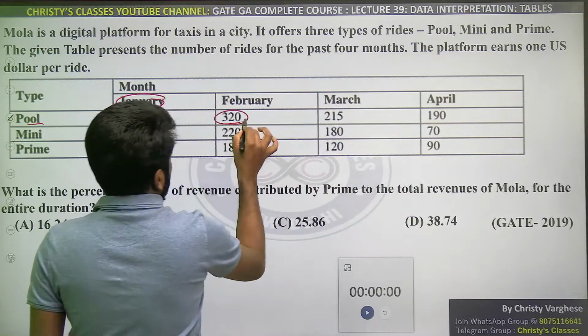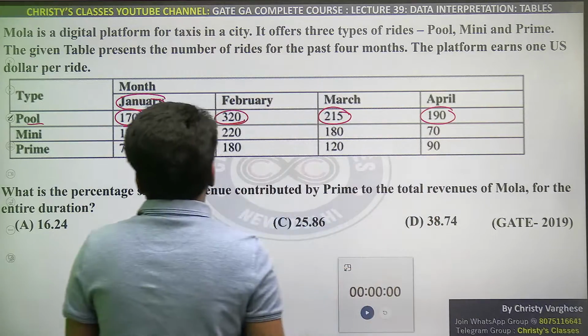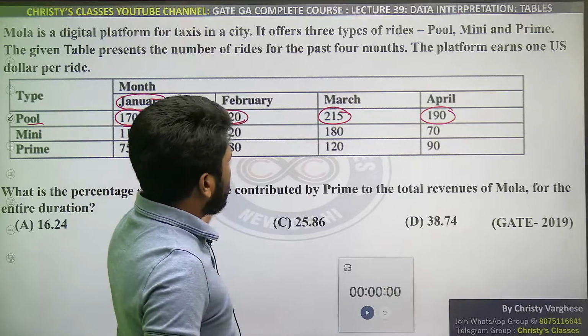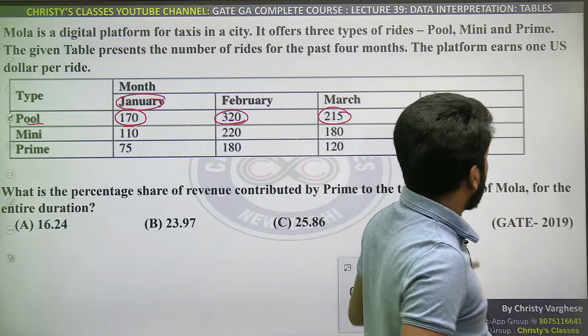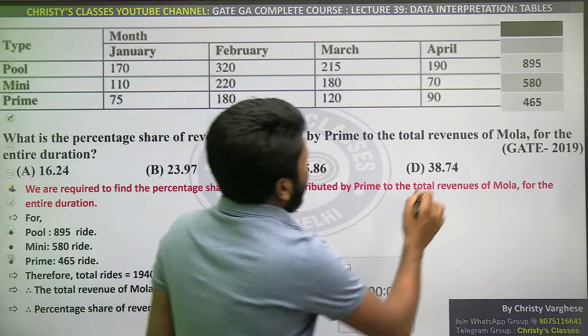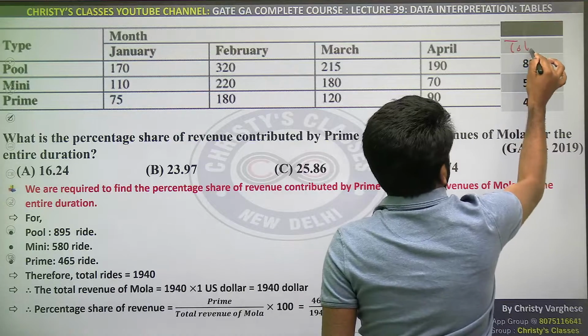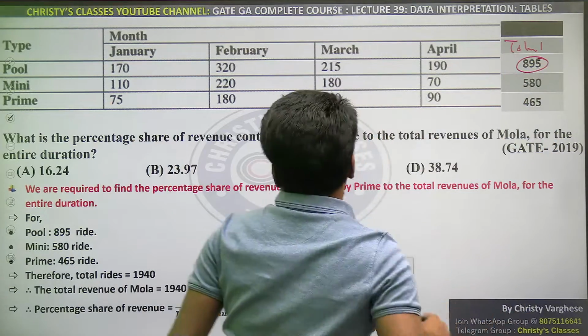So $320 in February, $215 in March and $190 in April. So what will be the total earning from pool rides? Adding all these up now as $1 for all the rides for every month. So we can say, adding it up, you will get total as 895. Total pool ride earning will be 895.